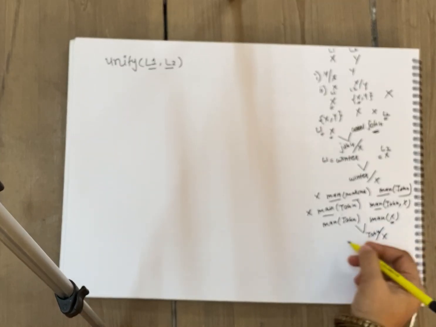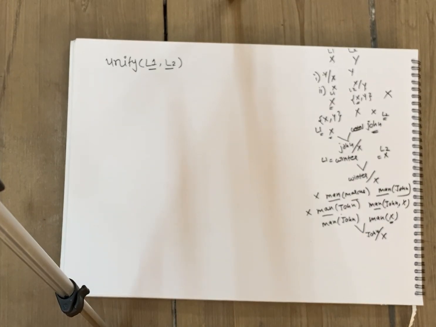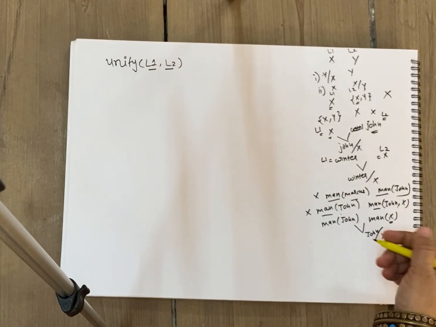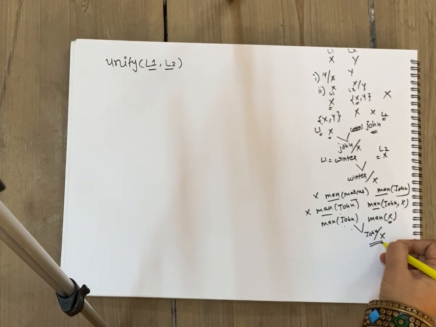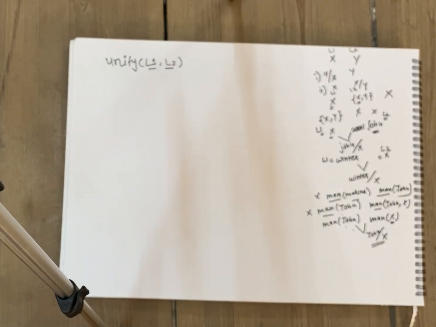Similarly, if you have multiple arguments available in the predicate, then each and every argument needs to be mapped with the corresponding argument in the other predicate, and such replacement should be checked. If that replacement is possible, then only unification is possible.